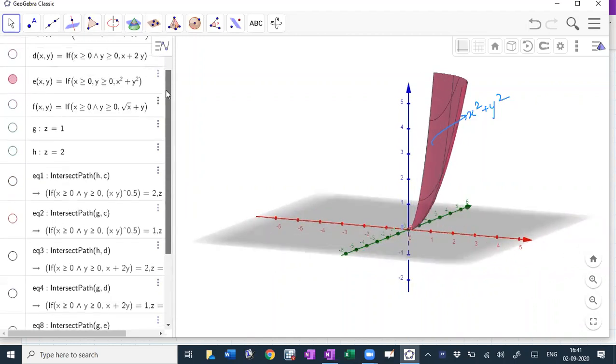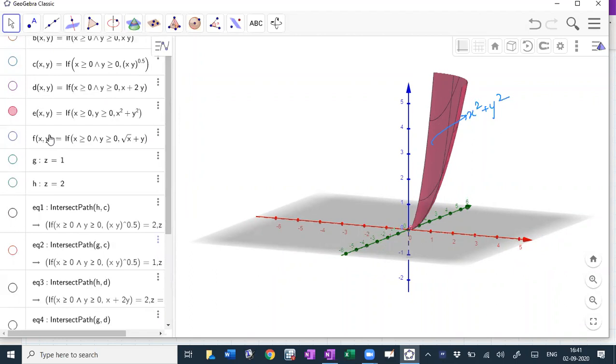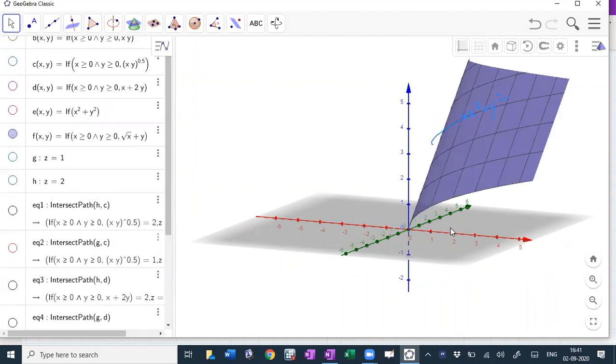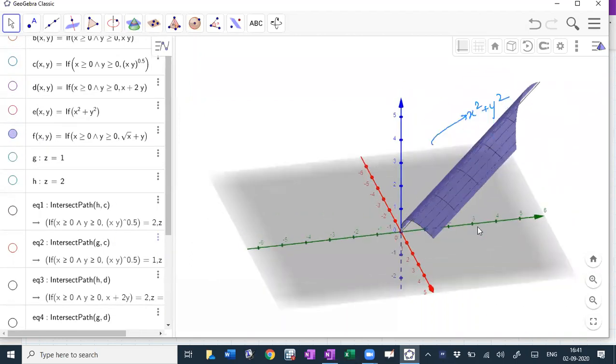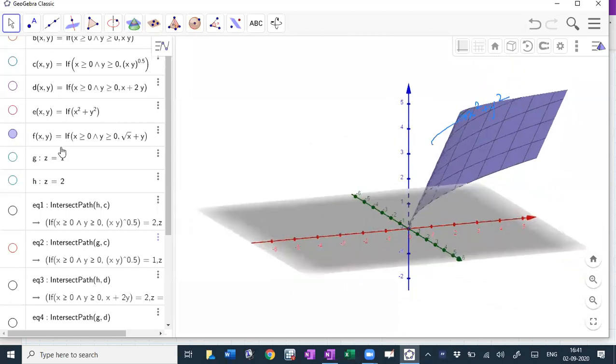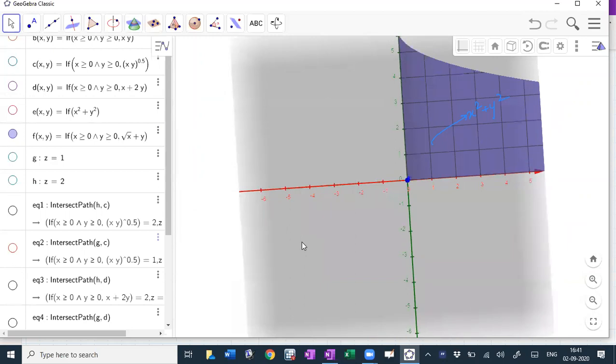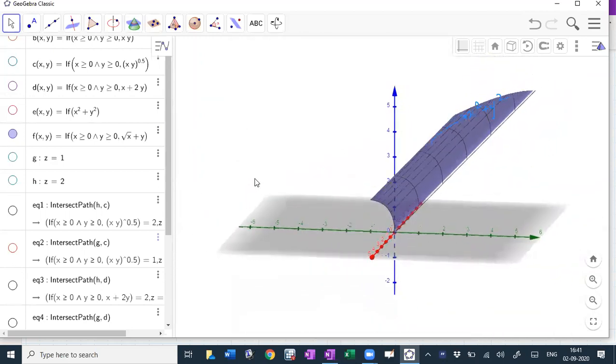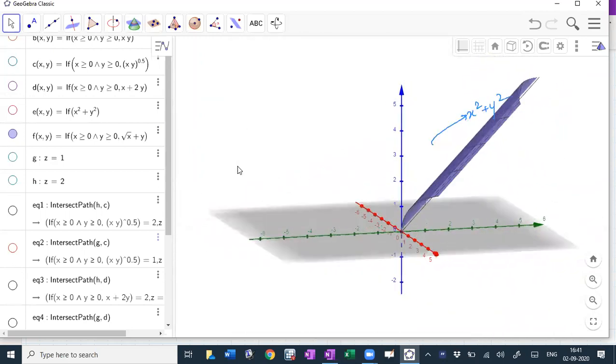Oh yeah, and the last one, sorry, that I wanted to show is this one, that is square root x plus y. So the square root is just on x and the two are being added. So root of x plus y, and the shape in 3 dimensions will look like this.